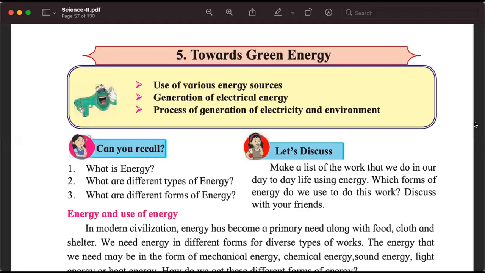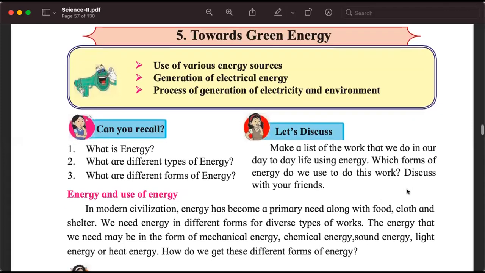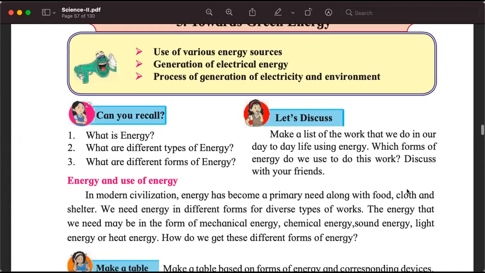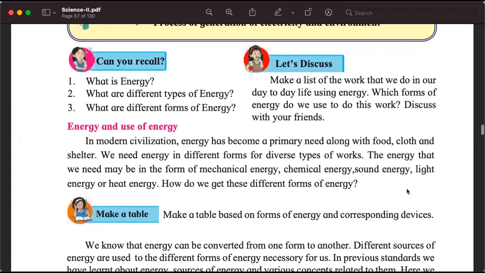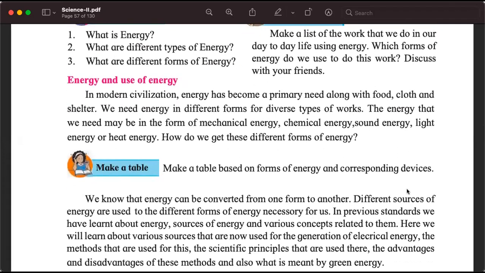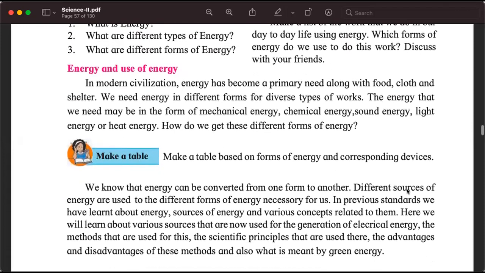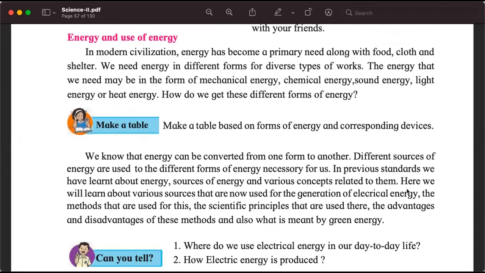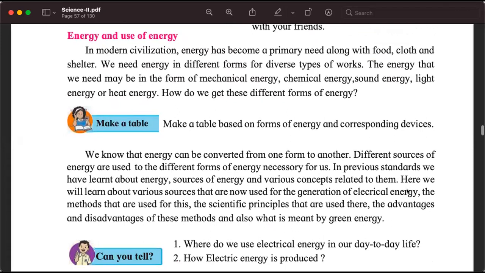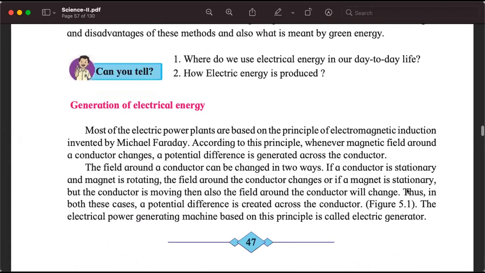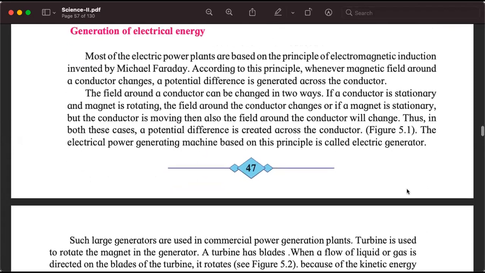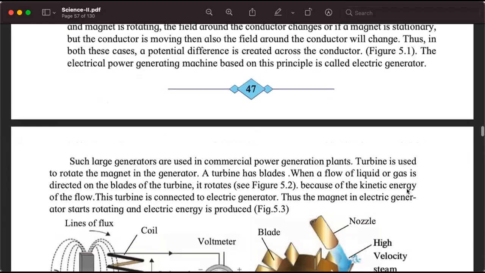Let us look at the chapter together. It starts with understanding what energy is, that we use energy every day in our lives, whether we realize it or not. Even when we do something ourselves, we are using energy, and all the devices and equipment that we use also use energy. Then it talks about electromagnetic induction.